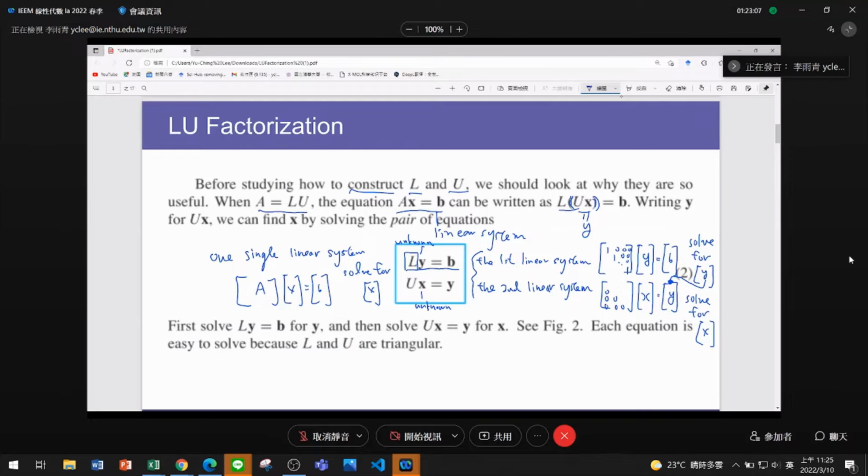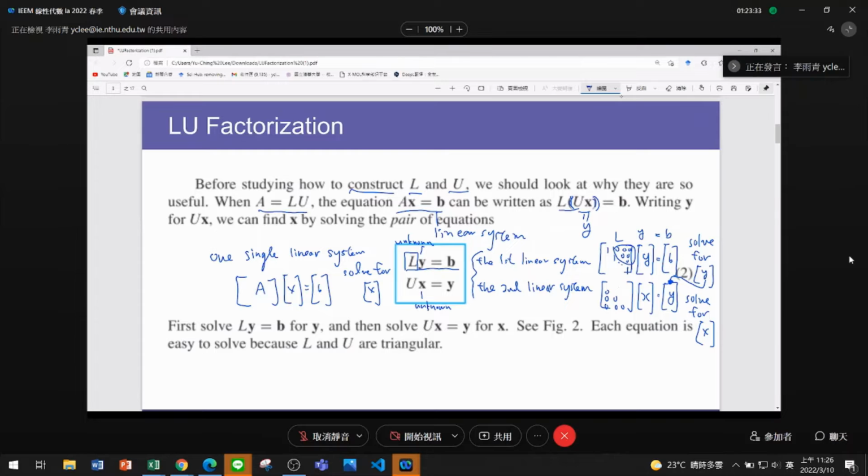So if we do the computations to solve Ly equals b, there are a lot of zeros, which means the calculations should be easier. Whenever we meet a zero, the product directly becomes zero.